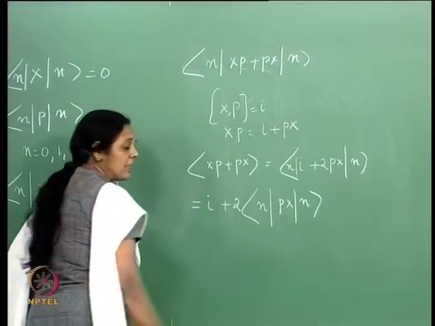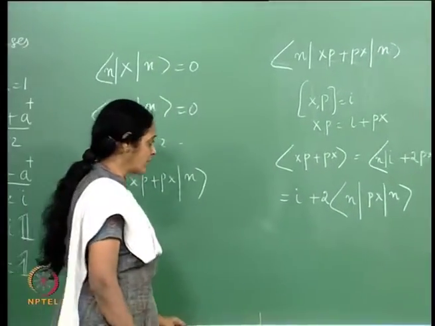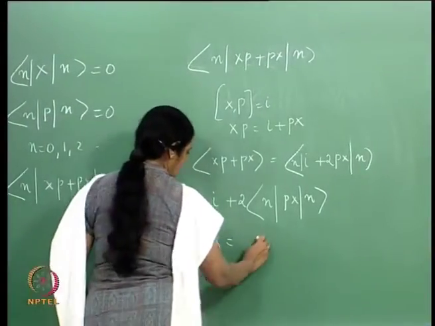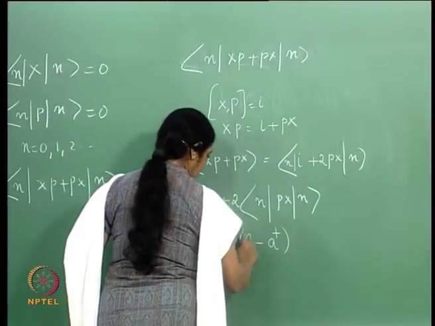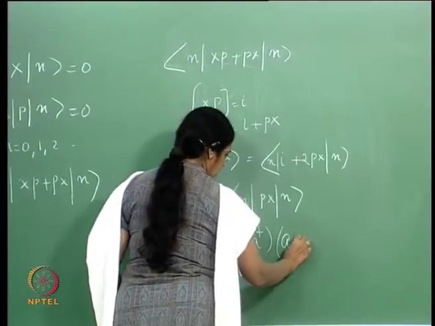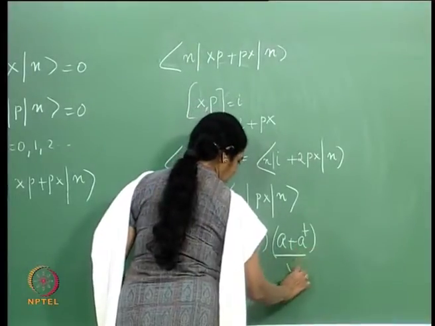I now expand p and x in terms of a's and a daggers. px is a minus a dagger by root 2 i times a plus a dagger by root 2.